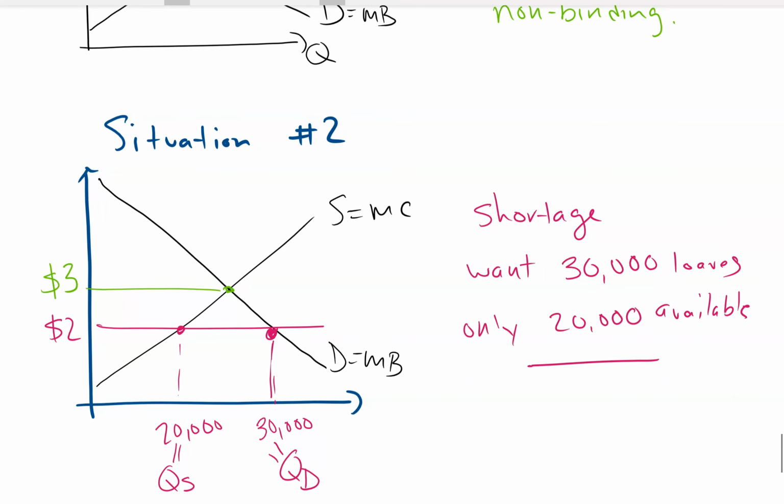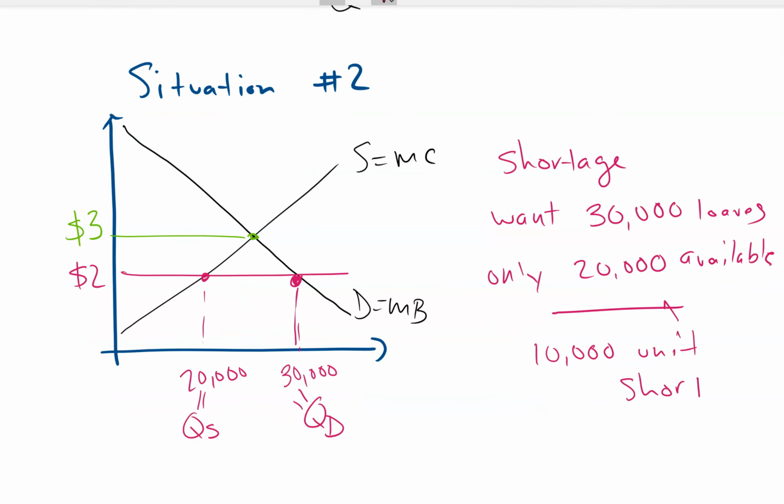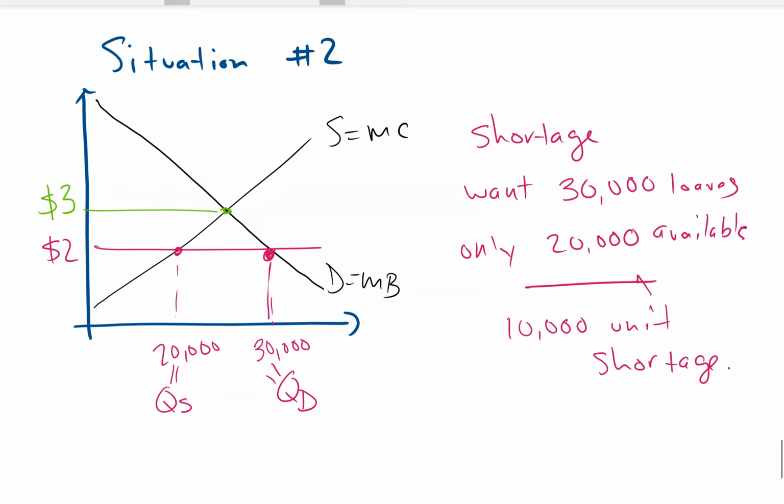What this is going to look like, at least initially, is empty shelves. You're going to see bread flying off the shelves because people will start realizing that it's running short, and the farms have no incentive to replenish it because they're getting less than they want to, so they don't want to produce above this amount unless you had some way to force them to produce at a loss. So this is going to lead to empty shelves.